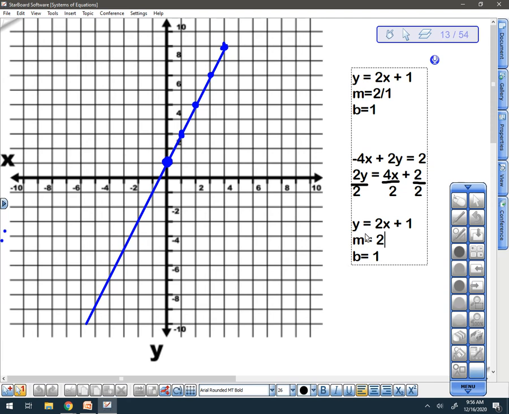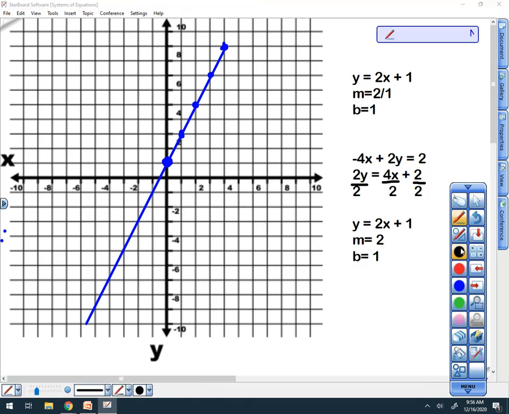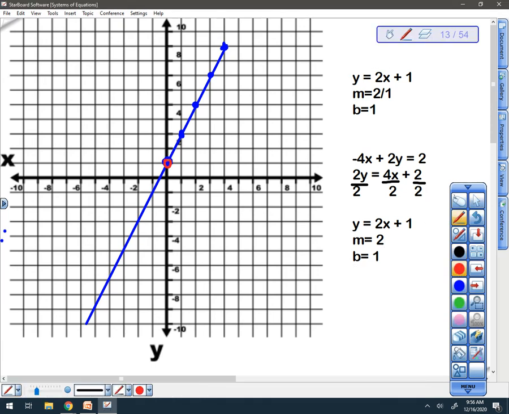So if it has slope of 2, y-intercept of 1, and you go to graph that, then you'll end up making the same exact line.